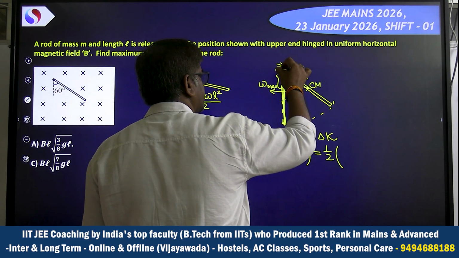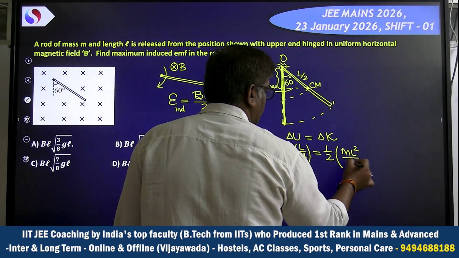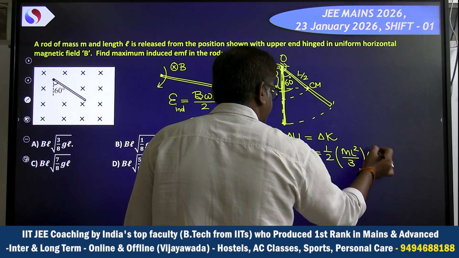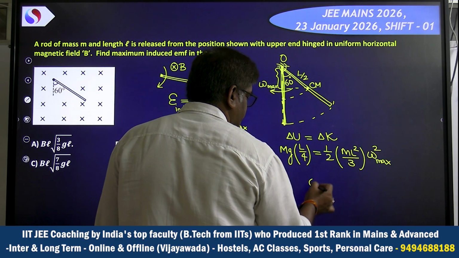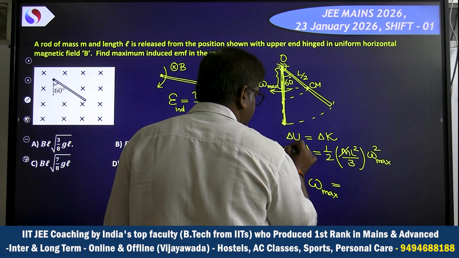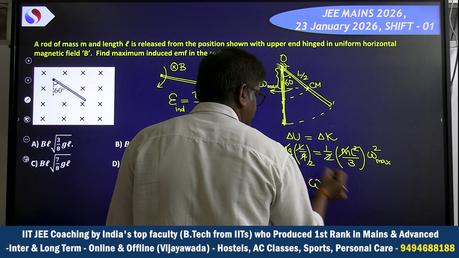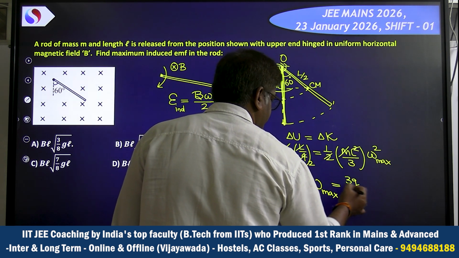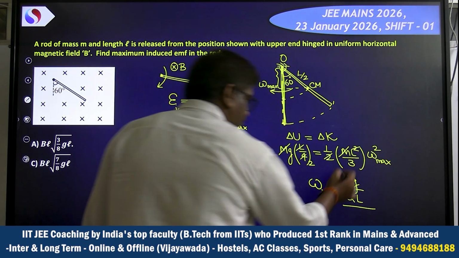Now it is in pure rotation about this point O, that's why it is ml square by 3 into omega square. This is how you get your maximum omega during this motion. And maximum omega, with m canceling, L canceling, and 2 canceling, is the square root of 3g divided by 2L.